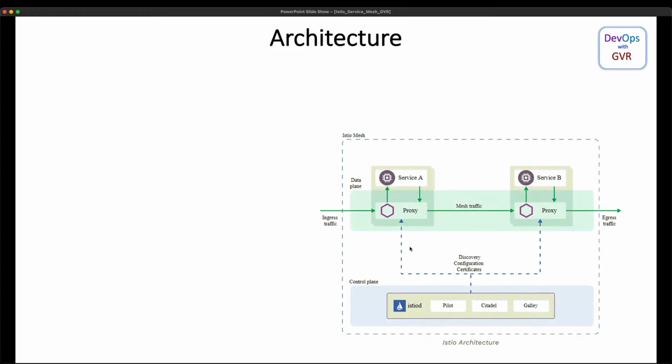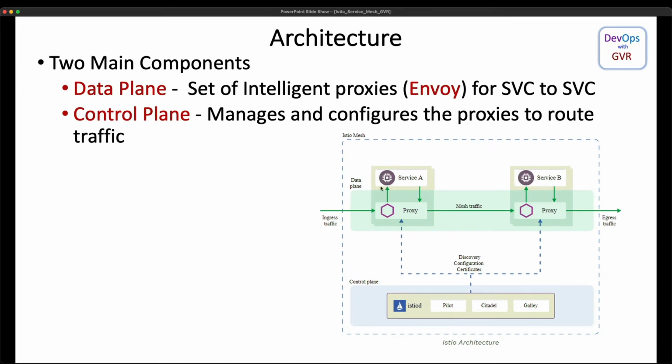If you look at another architecture diagram, which is similar, there are two main components: a data plane and a control plane. Data plane is nothing but every pod will have a proxy, and that proxy will take care of incoming traffic and outgoing traffic, and Istio's control plane will take care of the configuration, discovery, certification and all.